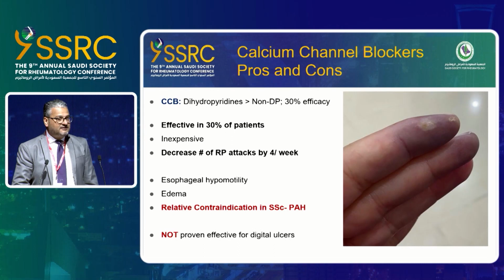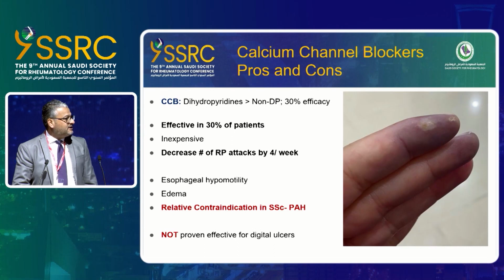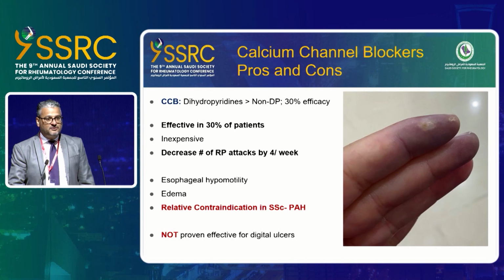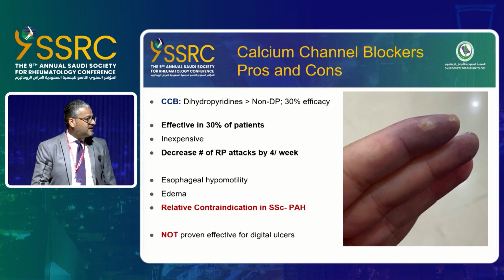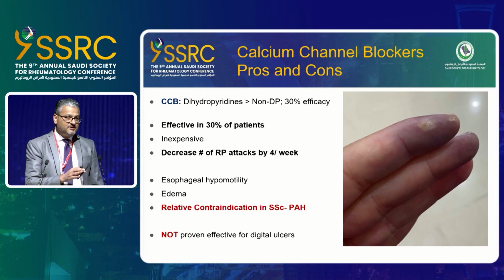Inexpensive, and they decrease the recurrence of Raynaud's phenomenon by 4 per week. But they come with some side effects, like lower extremity edema. You should be careful when using them in patients with pulmonary arterial hypertension, and they were not shown to be effective for digital ulcers, even though we still give them.